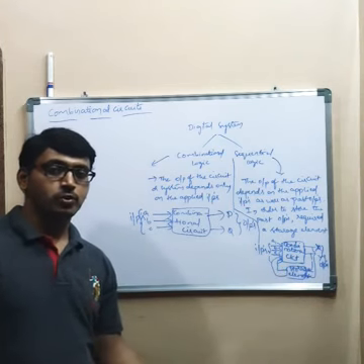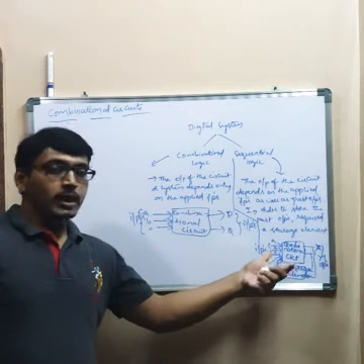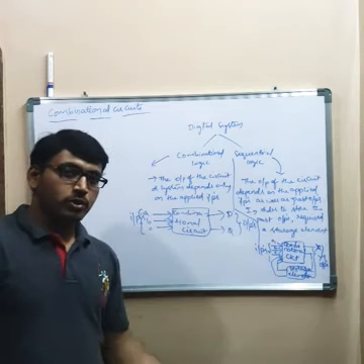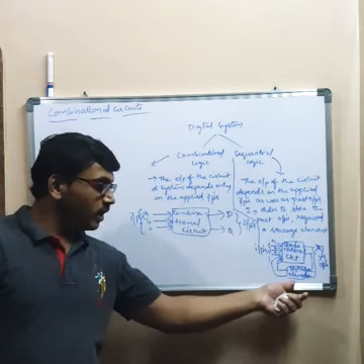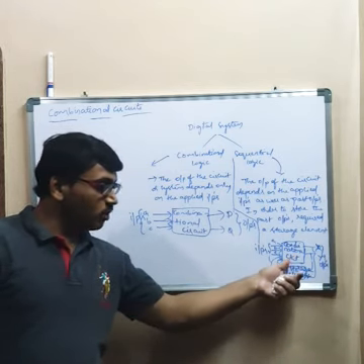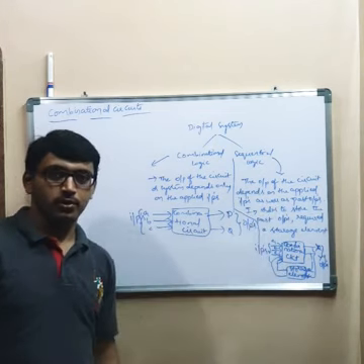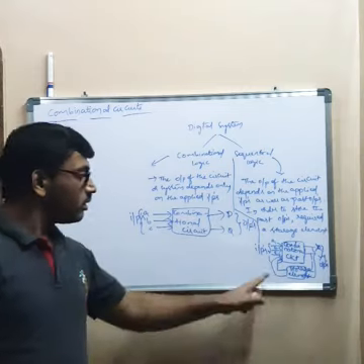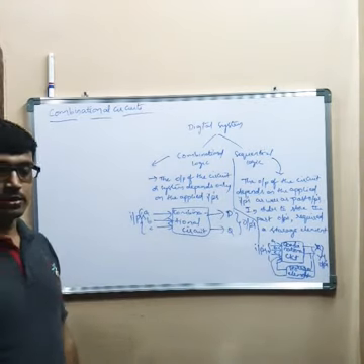In order to store the past output, we require a storage element, right? Combinational logic circuit plus storage element gives sequential logic circuit. Is this clear? These are the differences between combinational logic circuit and sequential logic circuits.